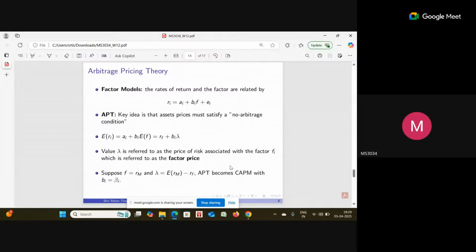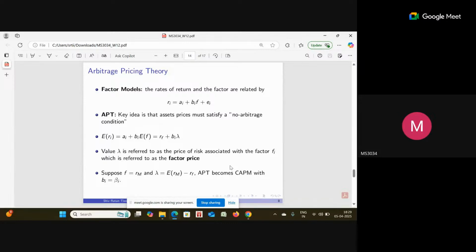Okay, and the CAPM is a special case of this single factor model under arbitrage pricing theory. So if we replace this factor by the market return, then this turns out to be the CAPM which we learned earlier this week.